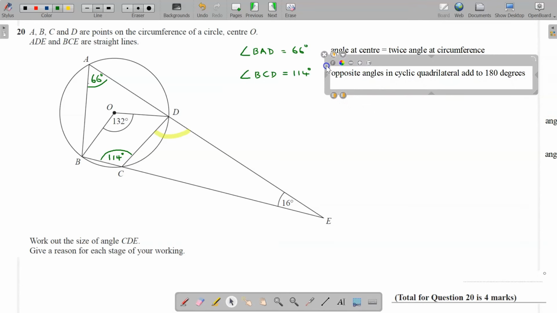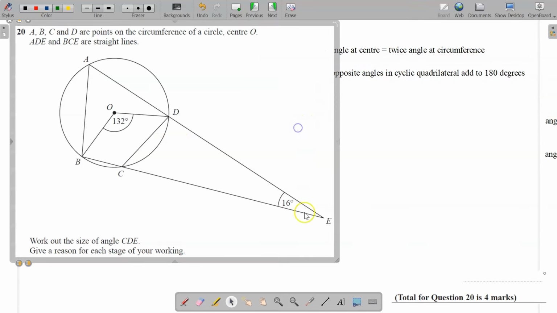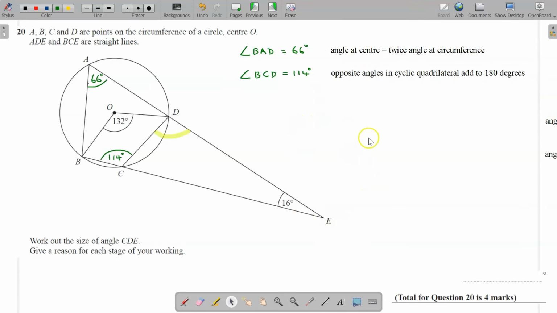Opposite angles in a cyclic quadrilateral add to 180 degrees. Third one is going to give me this one here. This angle in here is going to be 114 taken from 180, which will go back to 66 degrees, which we've already had. And this often happens in these sorts of problems, but you need to give reasons at each stage. So that was angle DCE.